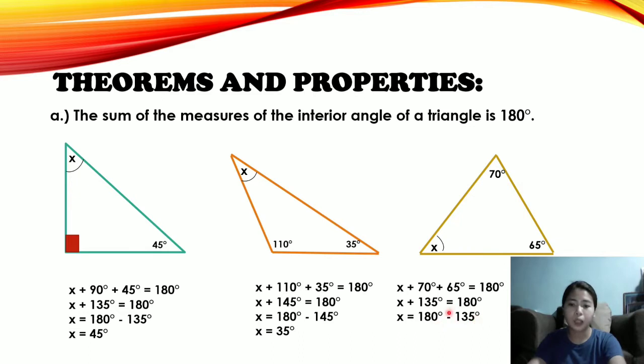So let's subtract it. 180 degrees minus 135 degrees is 45 degrees. Therefore x is equal to 45 degrees. Then 45 degrees plus 70 degrees plus 65 degrees is equal to 180 degrees. So that is the theorem about the sum of the measures of the interior angles of a triangle is 180 degrees.